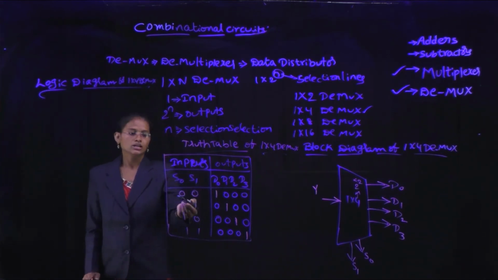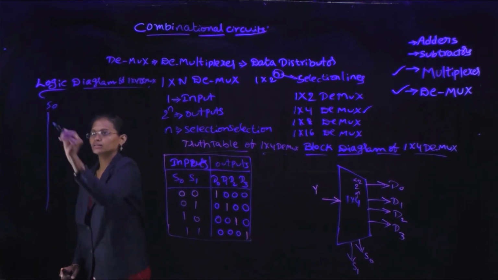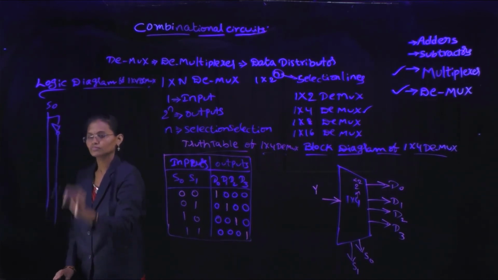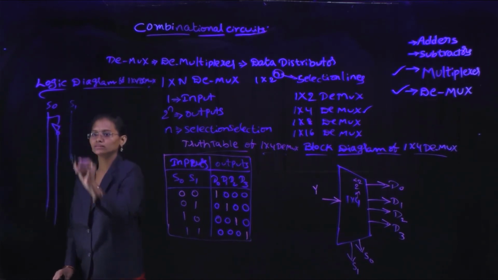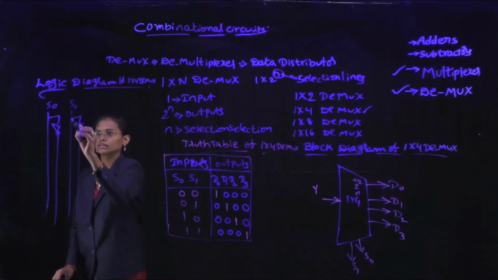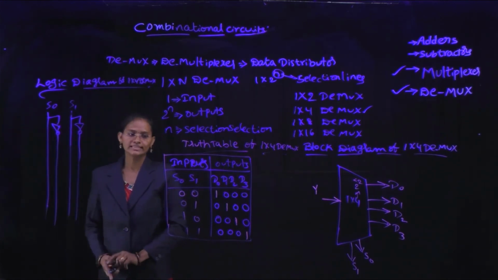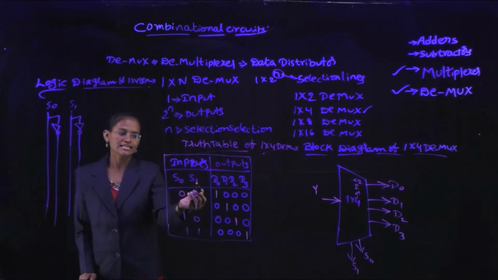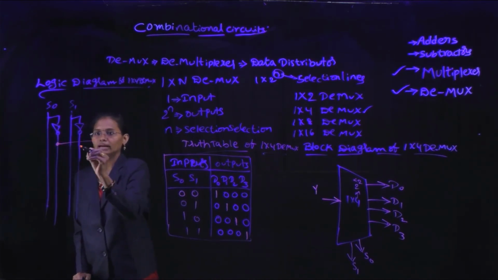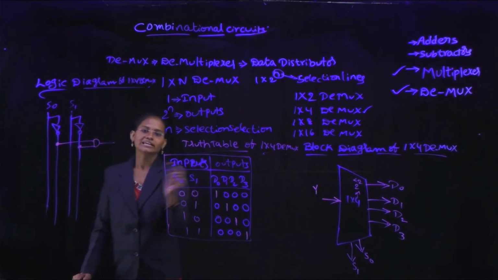S0 includes a 0, so a NOT gate is there, and this is S1, and the outputs are D0 to D3. Here S0 S1 is 0 0, so this is 0 and S1 is also 0. This is the gate and the output is D0.